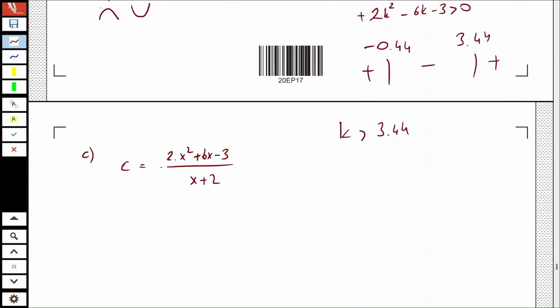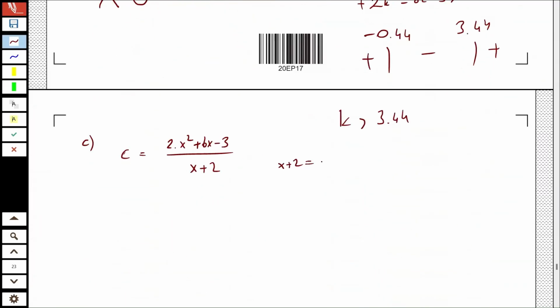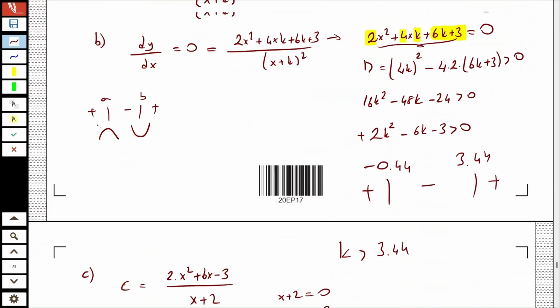The vertical asymptote is here. x equals −2. This is the vertical asymptote.